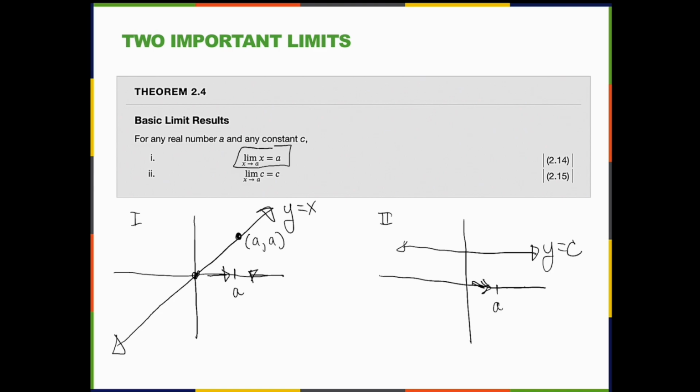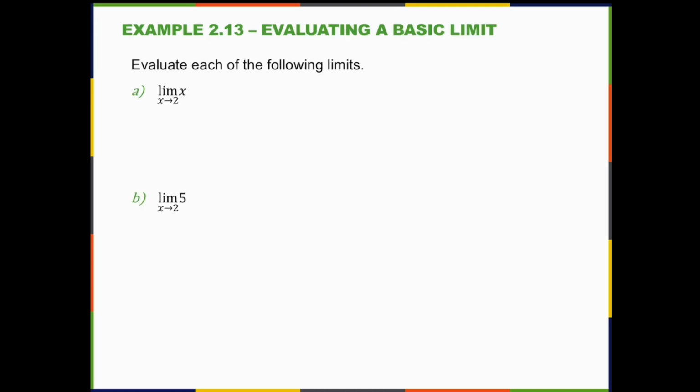As I approach my value of a from either direction, from the left or from the right, and I look to see what I'm getting closer to for my y value, because all the y values on that constant function are c, my limit is also going to be c. So that's why we have that second rule.